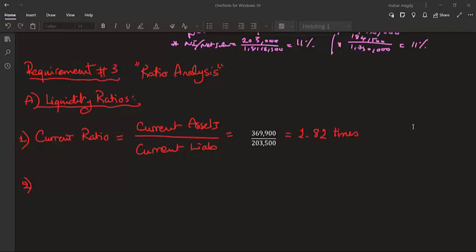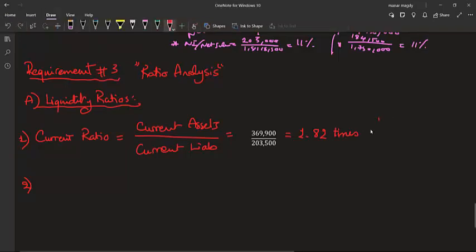so we can interpret it as follows. If we make it as a ratio, the current assets in ratio to the current liabilities equals 1.82 to 1. So it means that the current assets are 1.82 times bigger than liabilities, which means, if you approximate it to 2 times, the current assets are 2 times bigger than the current liabilities.